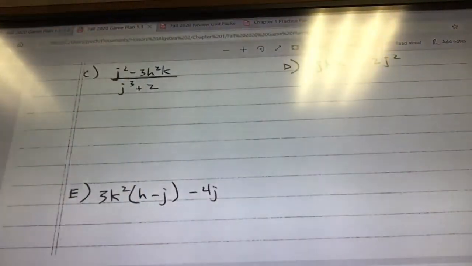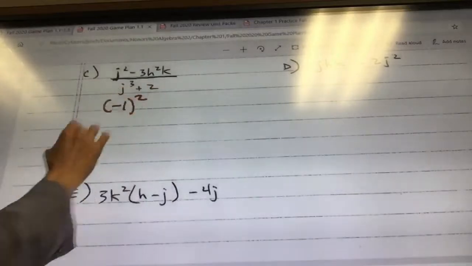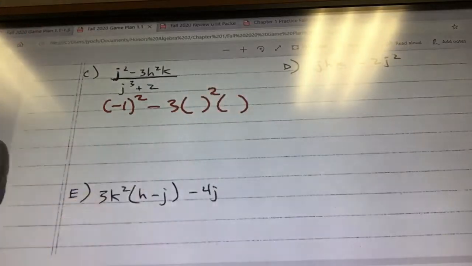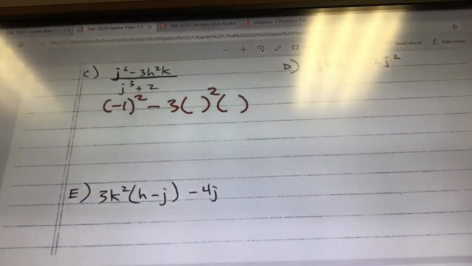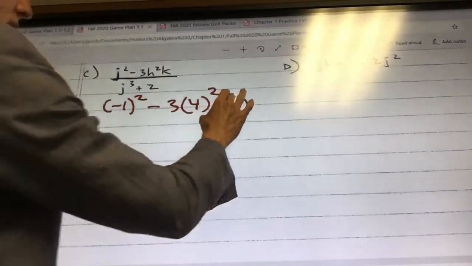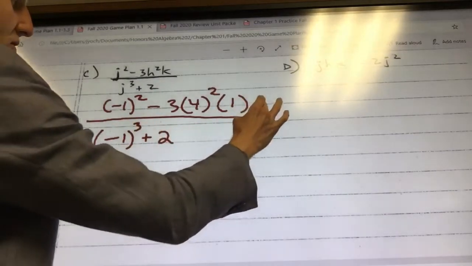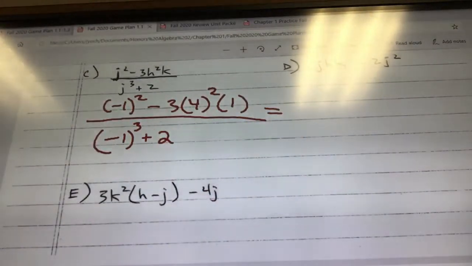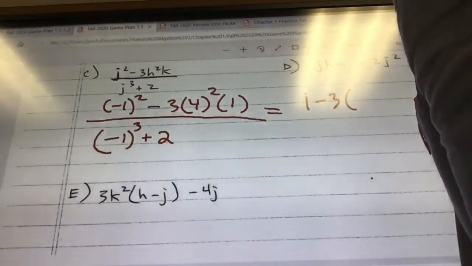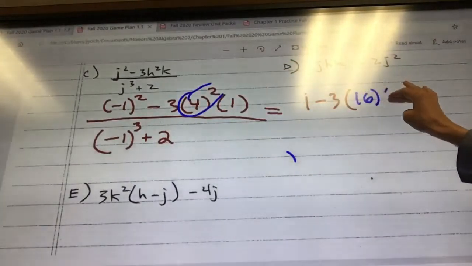All right, we got C, J is a -1. We're going to take -1 and we're going to square it. Can you see that? You can. -3 times H, which is 4. We're going to square it. K, which is 1. J is a negative 1 being raised to the third power plus 2. Up top, negative 1 squared is 1 minus 3 times, order of operations says I need to do this first. 16 times 1.